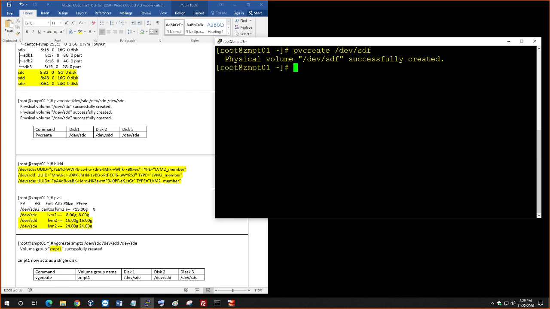It says physical volume SDF is successfully created.